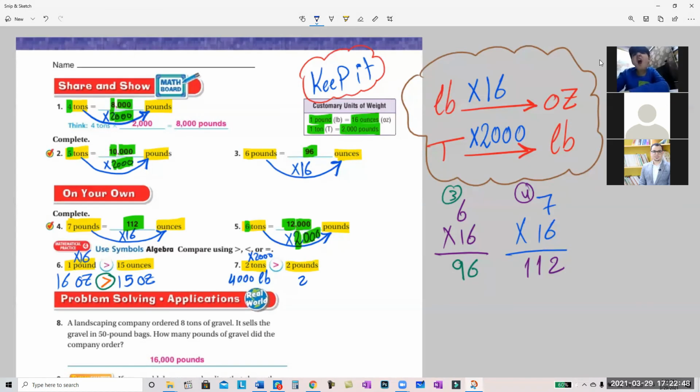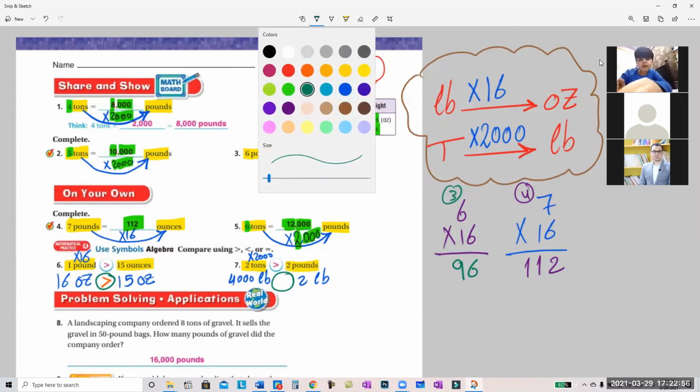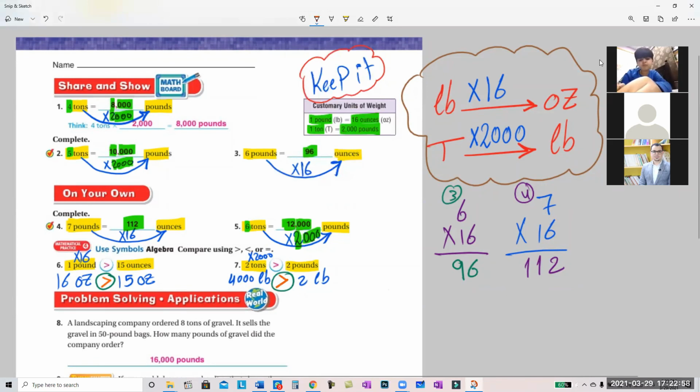And here, just 2 pounds, right? So which is greater? 4,000, of course, is greater than 2. So 4,000 pounds is greater than 2 pounds. Thank you so much, Reda.